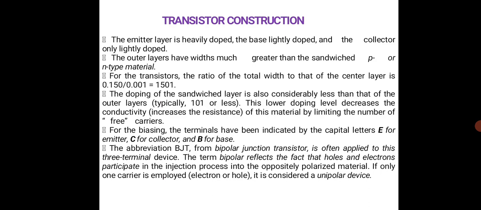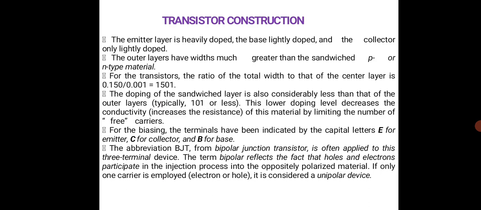The emitter layer will be heavily doped, the base is lightly doped, and the collector is only lightly doped. The outer layers have widths much greater than the sandwiched P or N-type material. For the transistors, the ratio of the total width to that of the central layer is, for example, 0.15 divided by 0.01, so it is normally 150 to 1.